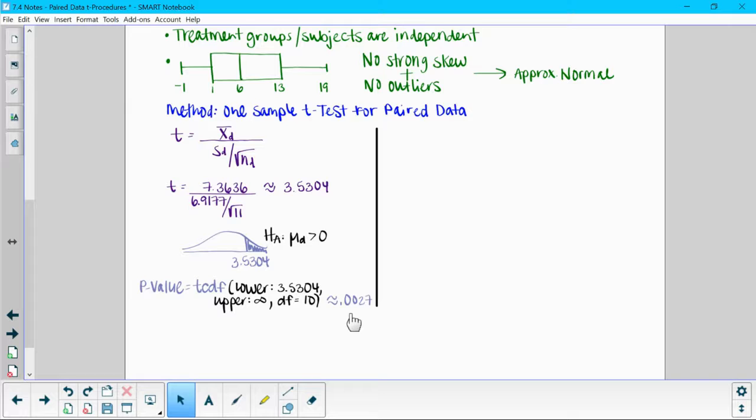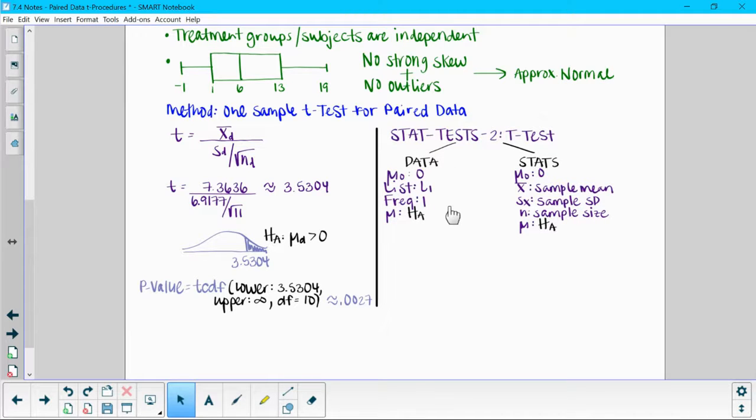Now, if you wanted to take the approach of, I just want to put it into my calculator and get the p-value, you can do that. You're going to go to stat, tests number 2. And this time, again, you're going to have the option of data or stats, depending on what your question gives you.